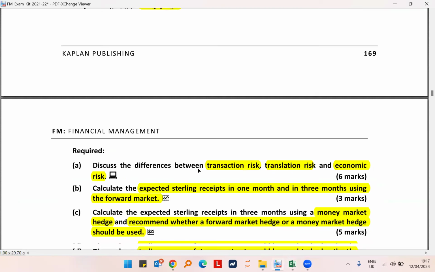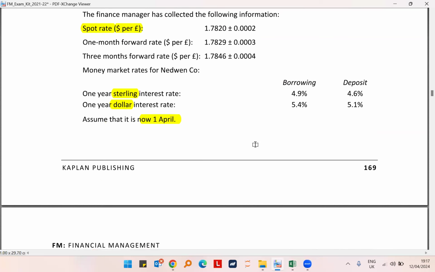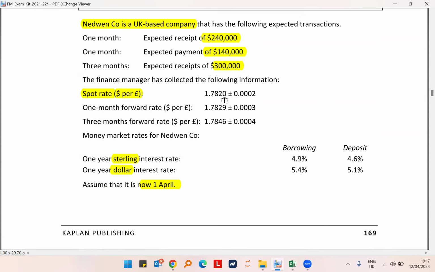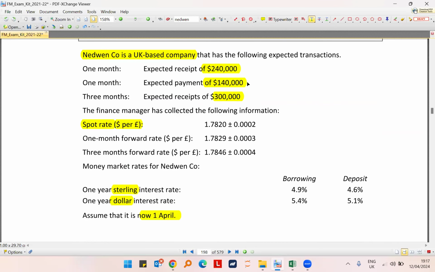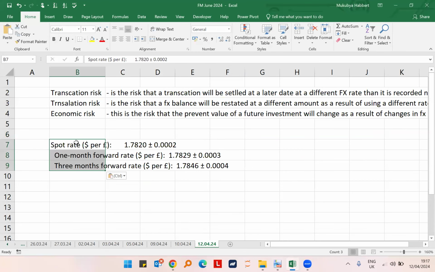So we can now continue with the expected sterling receipt in 1 month and in 3 months using the forward market. So we have been given the forward rates. So we can take this information, all of it. So we have the spot rate, we have the forward rate for 1 month and for 3 months.